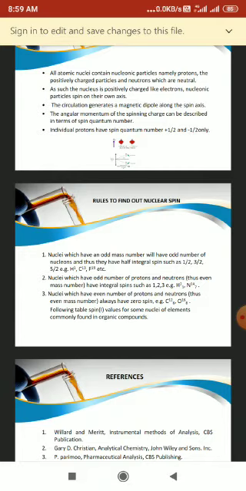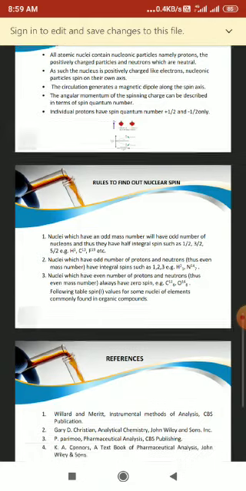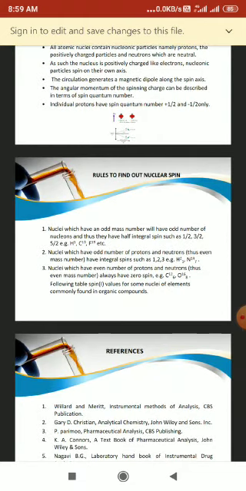Second rule, nuclei which have odd number of protons and neutrons, thus even mass number, have integral spins such as 1, 2, 3. For example, hydrogen 1, 2, nitrogen 7, 14. Third rule, nuclei which have even number of protons and neutrons, thus even mass number, always have zero spin. For example, carbon 6, 12, oxygen 8, 16.